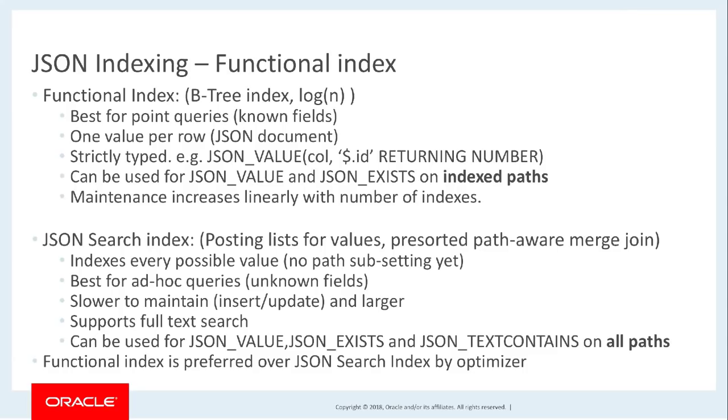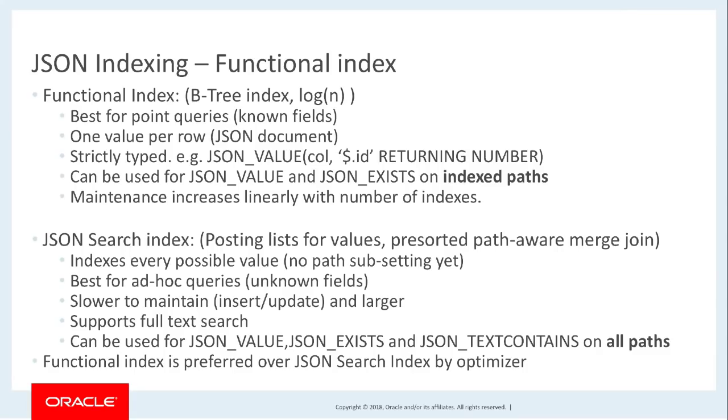So you have to pick a data type using the returning clause to make sure that every value conforms to the same data type. And this is actually quite obvious because you want to be able to do range queries. And as you know, if you sort something alphanumerically or just numerically, then things may come in a different order. So 2 is greater than 11 if you sort it alphanumerically.